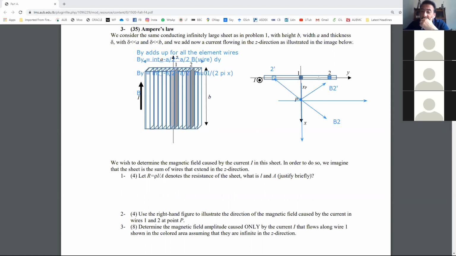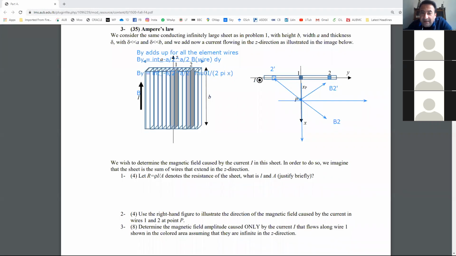Now, if I calculate it for 2 or for 2 prime, R is the distance between this point here and the point P, okay? And for this reason, you have to write this distance R as a function of xp, because that's where you want to calculate it, and as a function of y.